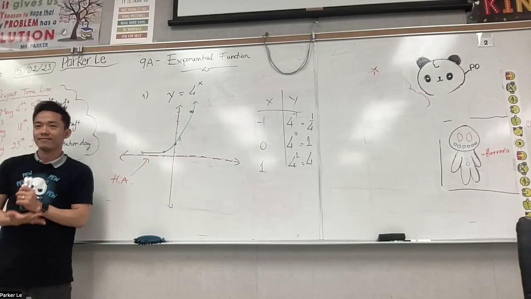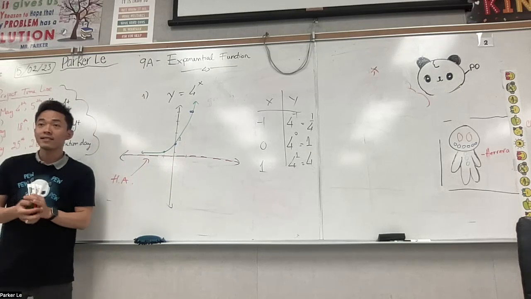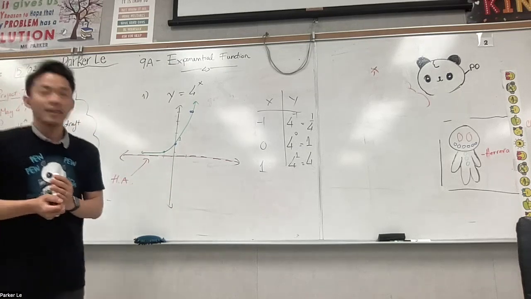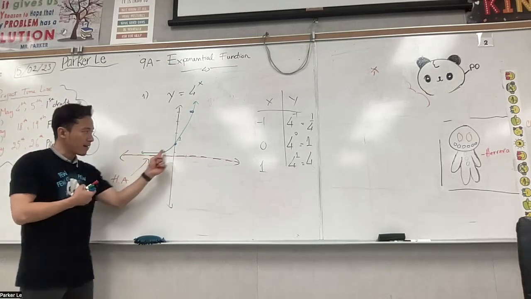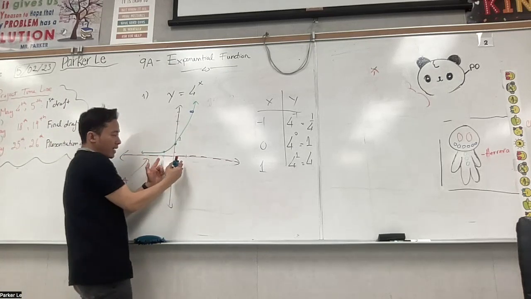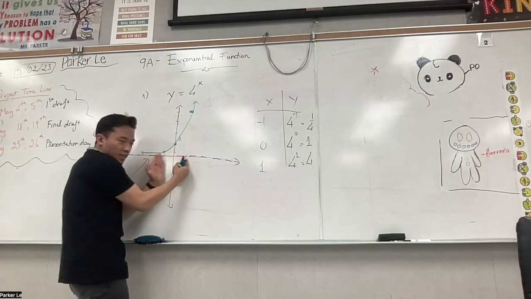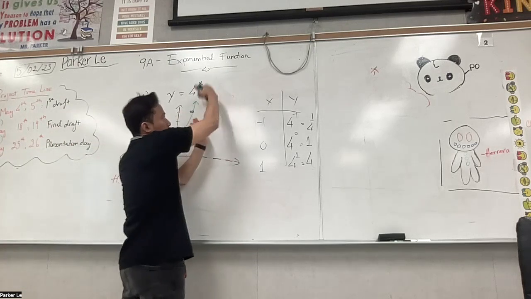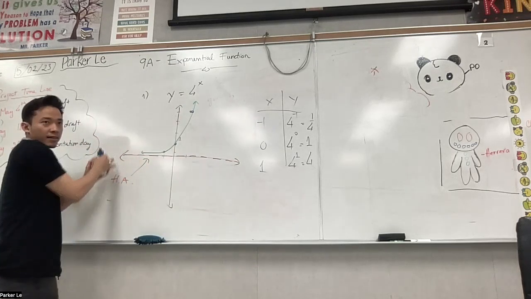My question is, see the curve right here? Why does the curve always happen at -1 to 1? Why only this portion? Why is it not going to happen over here or over there?